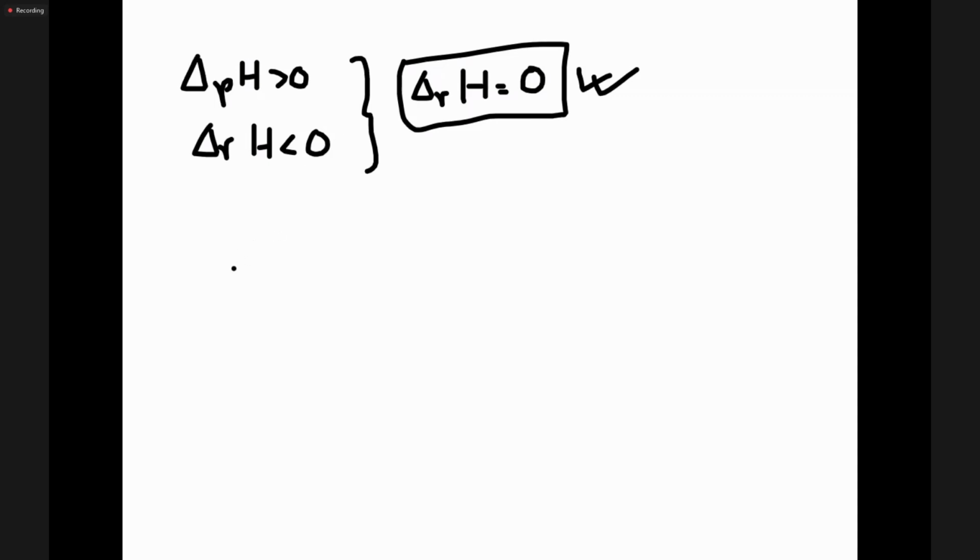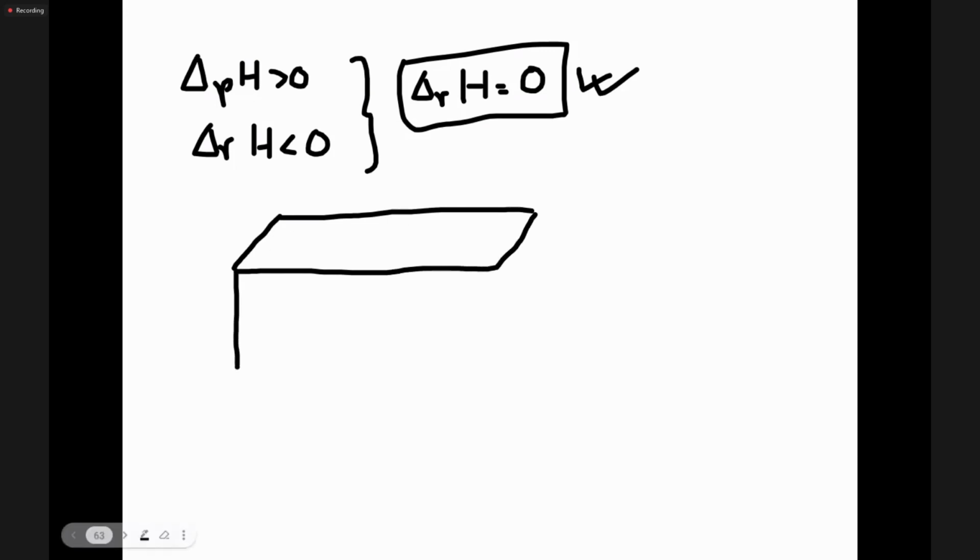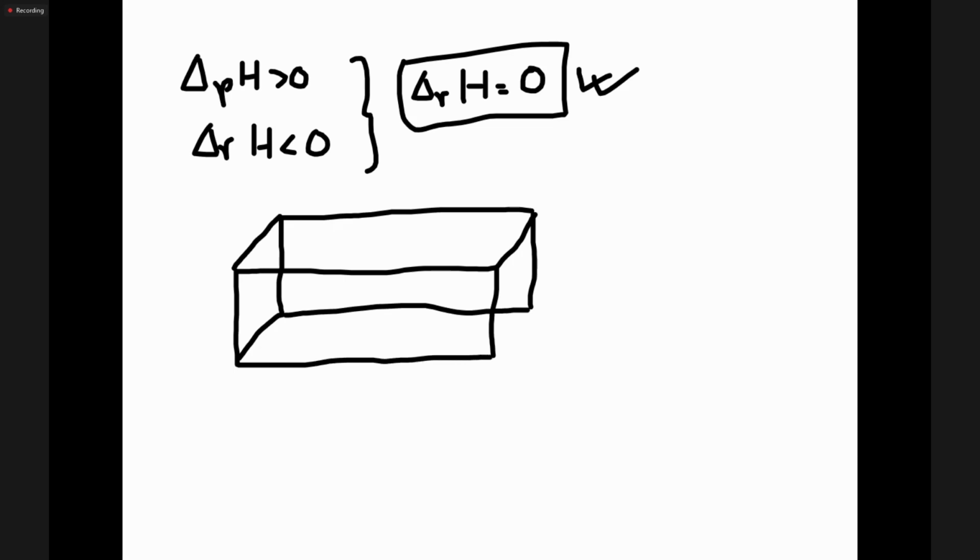Let's take a box. We have a box which in the middle has a separation.